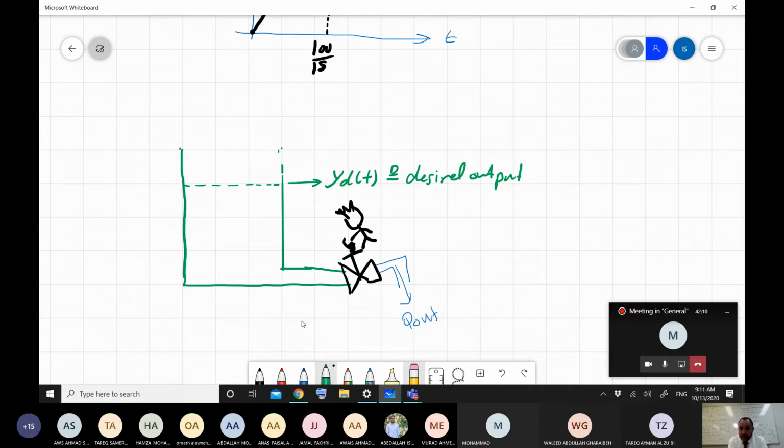If I need to adjust my controller in direction with the actual output, the first thing I should do is sense the actual output. I should measure the actual output. So simply I need to measure.